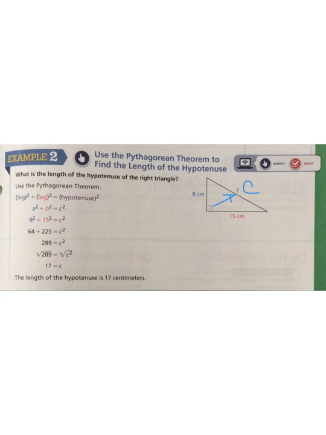They know A and B. We're always going to start out with that formula, A squared plus B squared equals C squared. And as they walked through this formula, they ended up finding that the C side length is 17. So this one was done for you, but I just want to jump in and do an example with you, and then we'll practice in class.